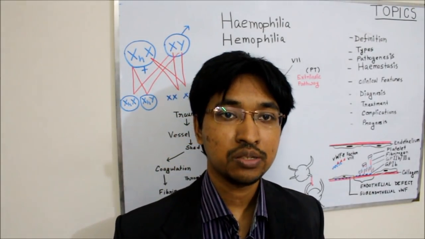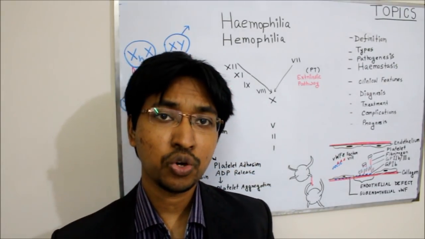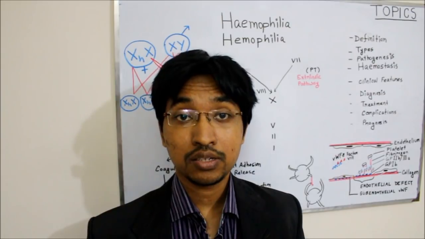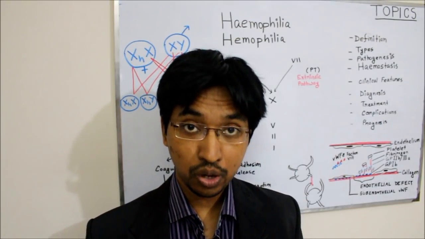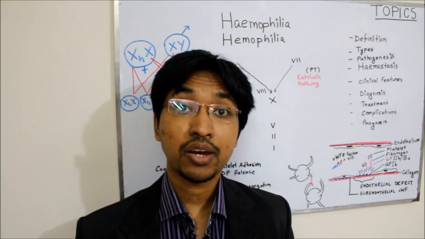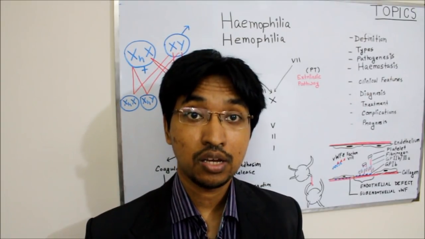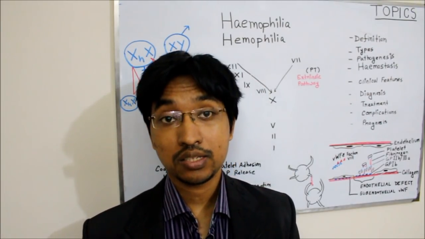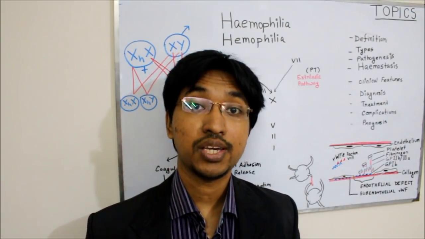However, as we will see later, there is a term known as symptomatic female carrier, and we will talk about that after a while. And sometimes a female can also become homozygous, with both X chromosomes mutated, and in that case females may also develop hemophilia.